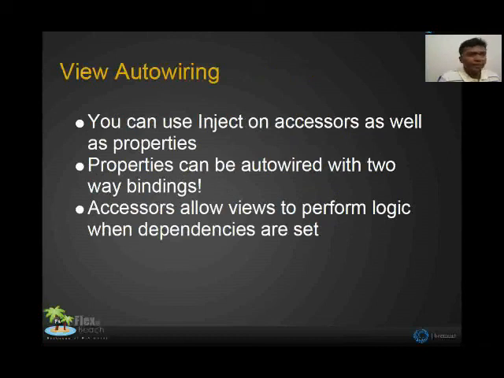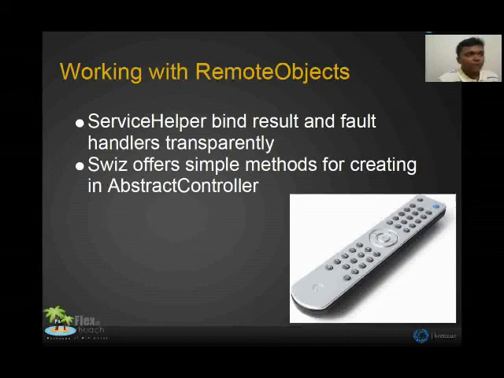Working with remote objects is more fun than the simple way. This gives you extensible use, because the service helper binds the result and fault handlers transparently, and again Swiz offers a simple method for creating an abstract controller.